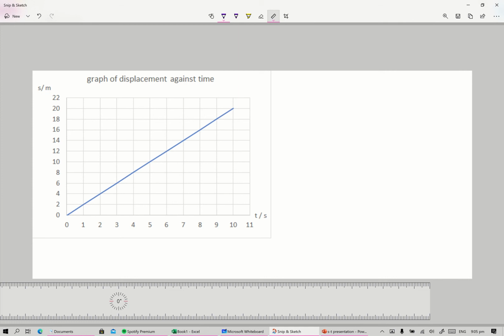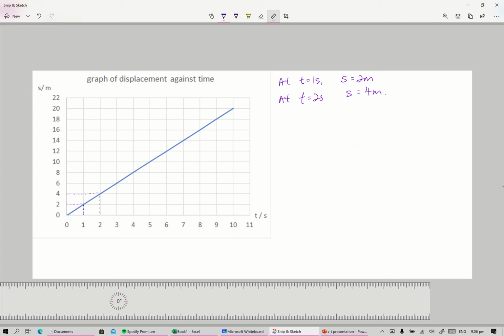If you look at time equals 1, displacement equals 2 meters. And at time equals 2, displacement equals 4 meters, right?